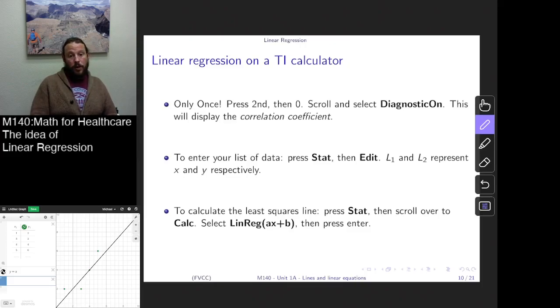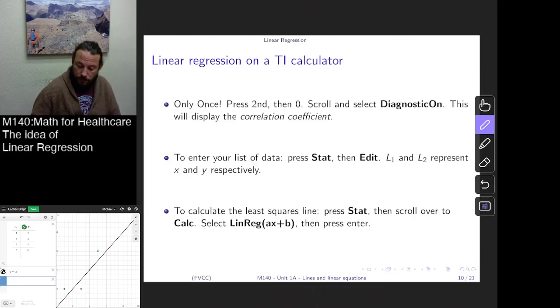And that's a big benefit to me, not having to do it all by hand. You can do bigger data sets and such, right? You could get by in this class doing it on a TI calculator, but I do not recommend it. I recommend using Desmos for your regression. All right.